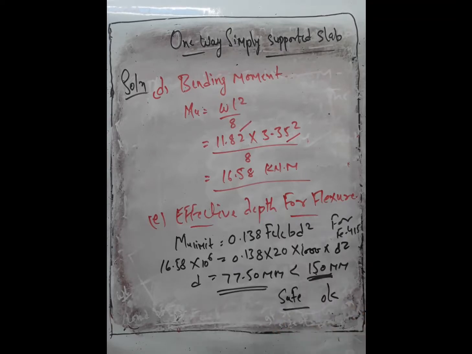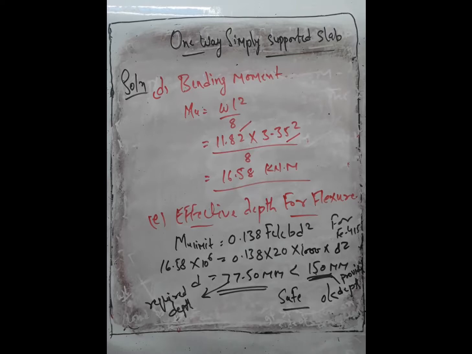Okay, this is the required depth, and this one is the provided depth. Always required depth is less than provided depth. If required depth is less than provided depth, then your calculation is safe.